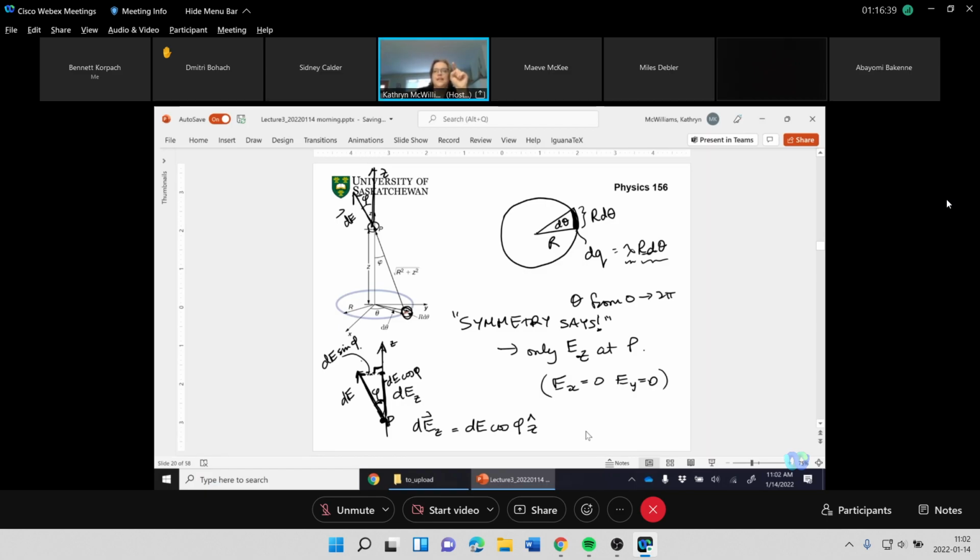The little dE is produced by the little dq, which is here. So this little bit of charge on the ring is producing a little bit of electric field here. And to find the total electric field, you have to add all the bits, all the dEs from all the parts of the ring. Okay. Perfect. Thank you. Yeah, you're welcome.